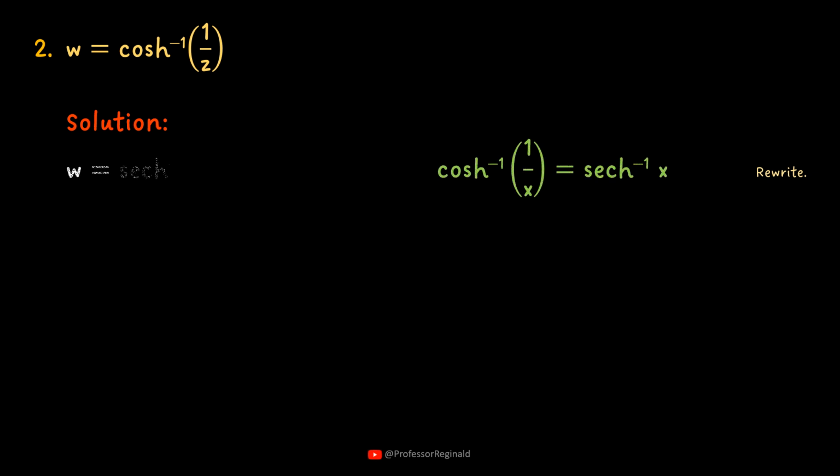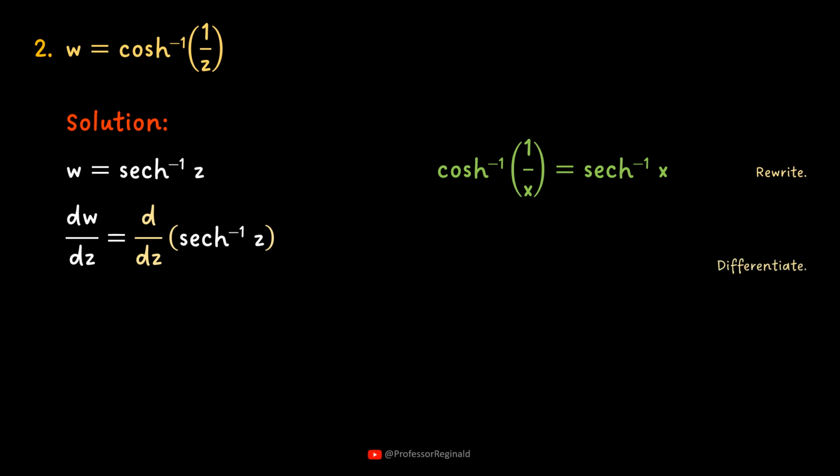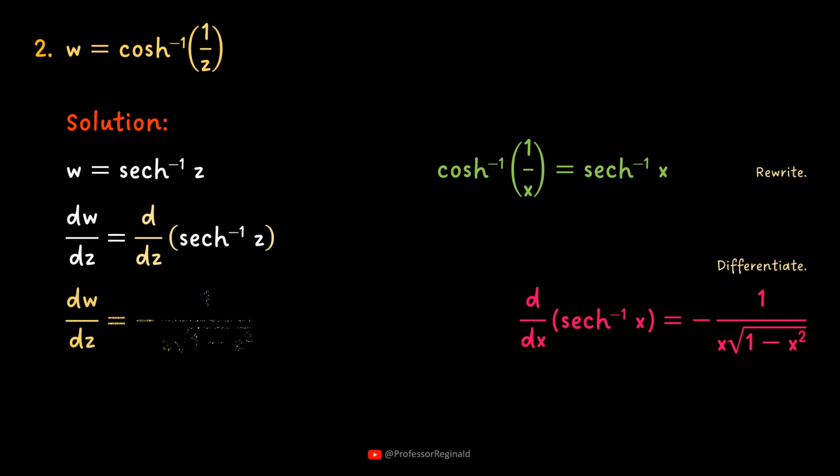W becomes the inverse hyperbolic secant of z. dw dz is the derivative of w with respect to z. Differentiate using an inverse hyperbolic function rule. Thus, dw dz equals the negative of 1 all over the product of z and the square root of quantity 1 minus z squared.